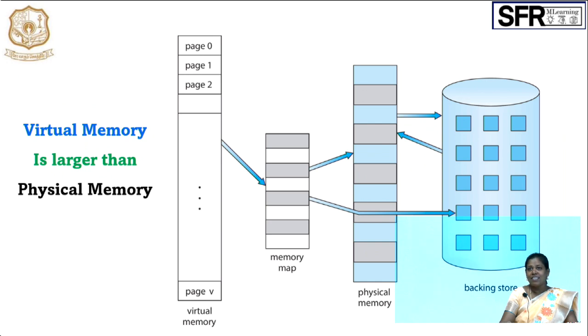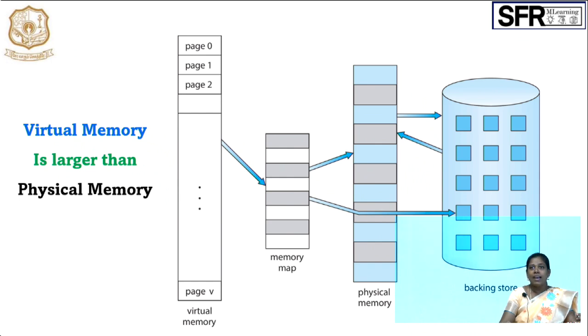On the right hand side, we have the backing store, and next to the backing store is the physical memory. The physical memory is divided into frames, and next to that we have a page table. A page table consists of two entries, page number and the corresponding frame number. And finally, we have a virtual memory which is divided into pages.